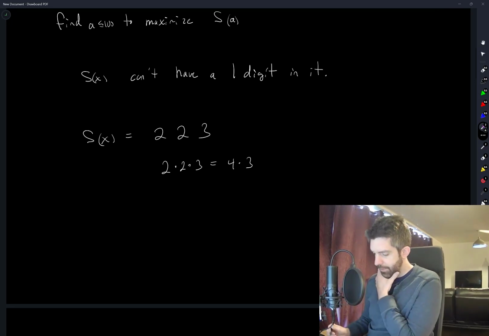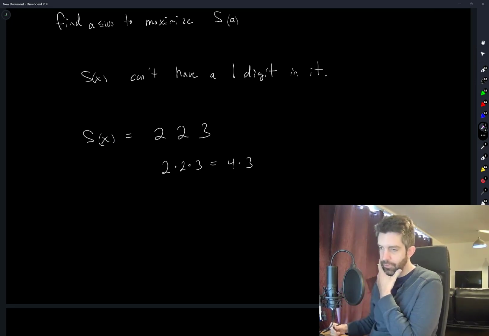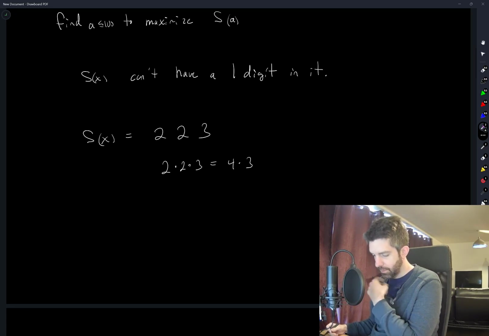It seems that for this number x, we have to look at the prime factorization but then also group these primes in a particular way.